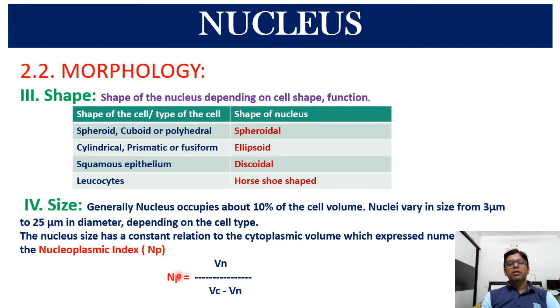The size of the nucleus has a constant relation to the cytoplasmic volume of that particular cell, which is known as the nucleoplasmic index, or NP.